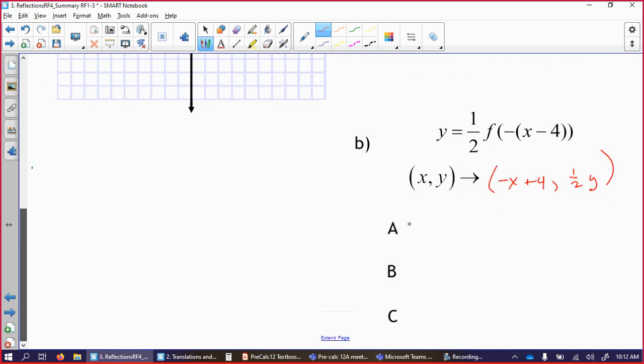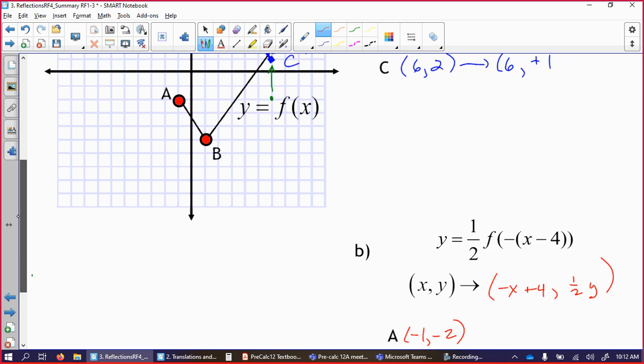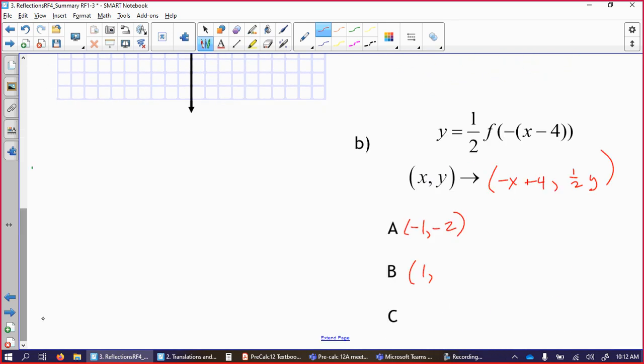Negative 1, negative 2, 1 and negative 5 was, 6 and 2. So now, that one's going to be messy. Arrows.